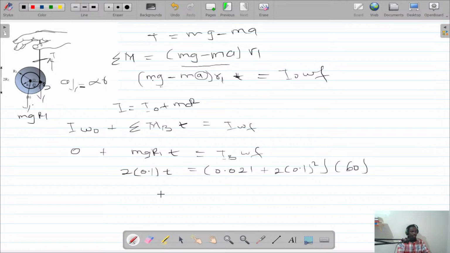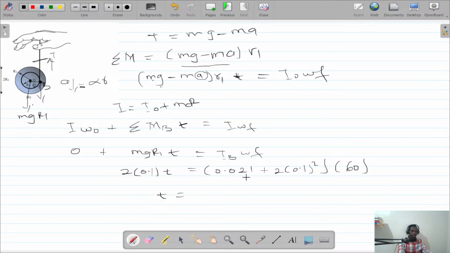So now we can find out t, and t will be equal to 0.021 plus 2 times 0.1 squared multiplying 60, divided by 0.2. 0.021 times 60, that'll be 2.46.